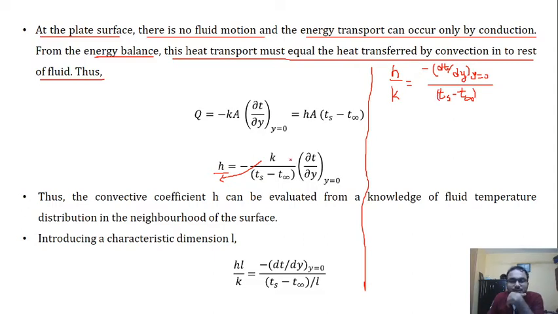And if you see carefully, instead of del we have written d, because we are assuming that temperature is dependent only on y now.